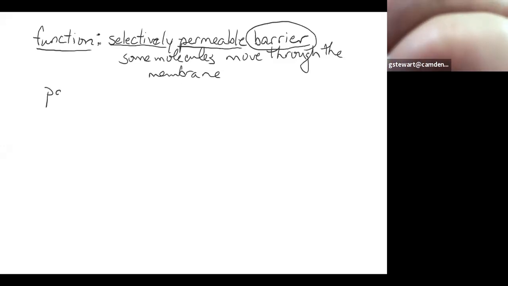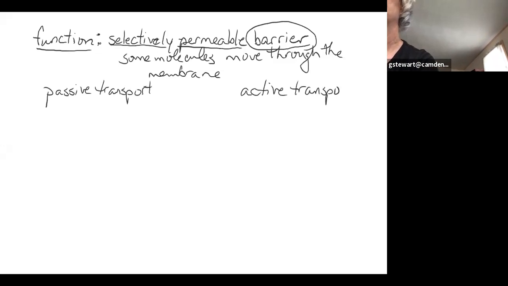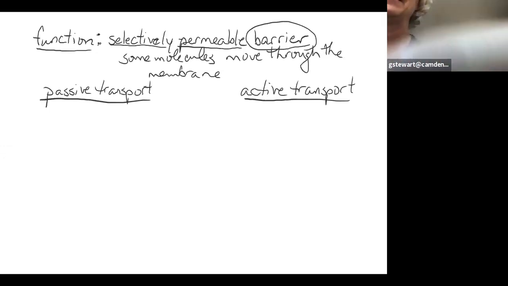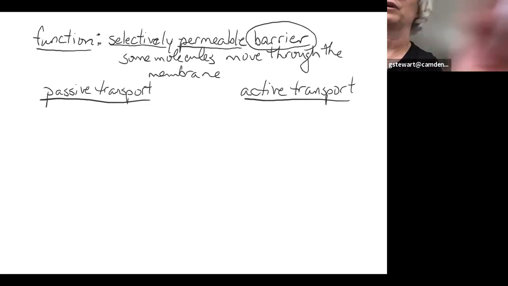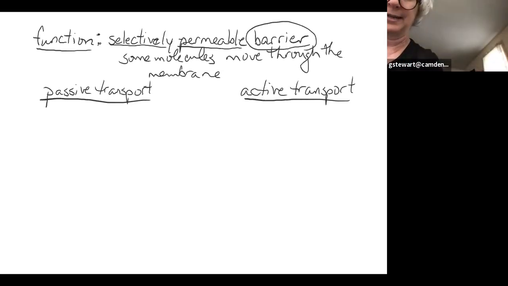We call it passive transport or a molecule will move by active transport. And we have to understand these first two words before we can talk about specific types of passive transport and active transport. All the rest of the chapter is about different types of passive transport and active transport, and we're going to go through them one at a time. So let's start with passive transport first.